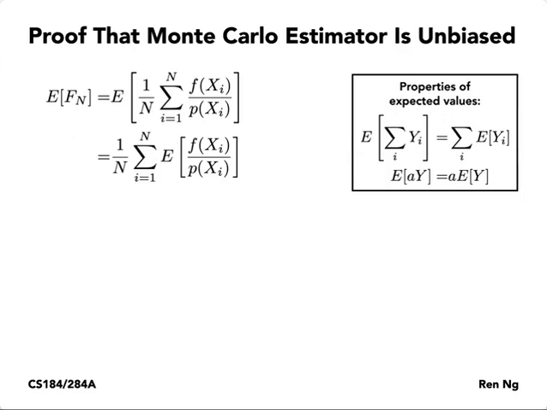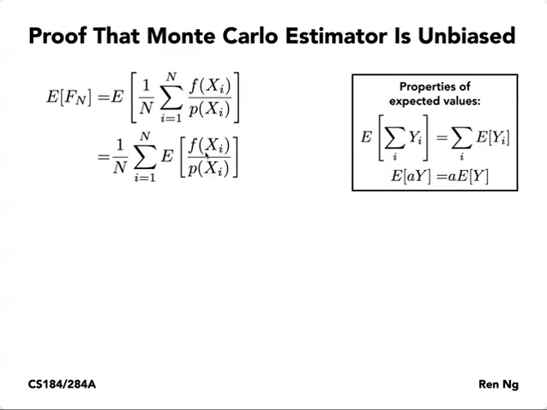In the next step, we're going to apply the definition that I described earlier for the expected value of a function of a random variable. A couple of things are going to happen here. Just recognize this thing inside this expectation is a function of capital X sub i. The function is f of x sub i divided by p of x sub i.